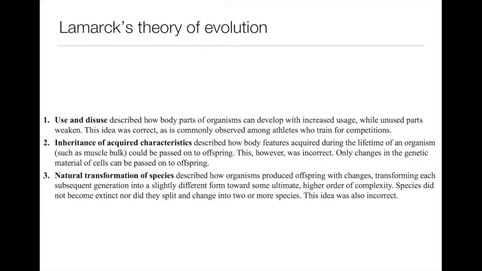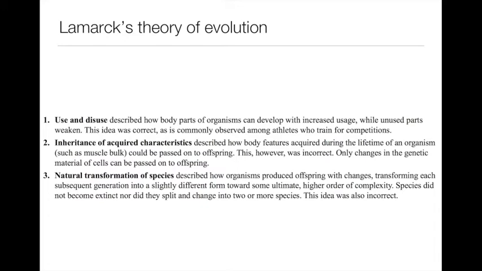Then he talked about inheritance of acquired characteristics, and he described how body features acquired during the lifetime of an organism could be passed on to the offspring. We know that this isn't correct. Only genetic material passes.